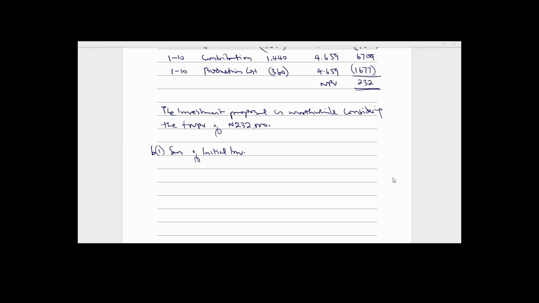Okay. So we want to calculate the sensitivity margin of initial investments, which should be calculated as the net present value divided by the present value of initial investments, multiplied by 100 over 1. So NPV is 232. The PV of initial investments is 4,800.